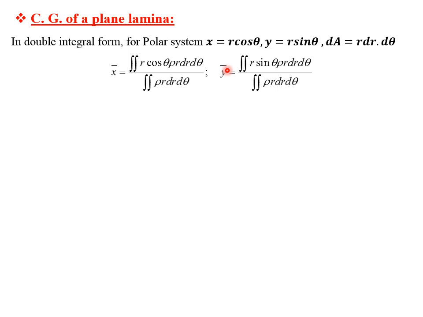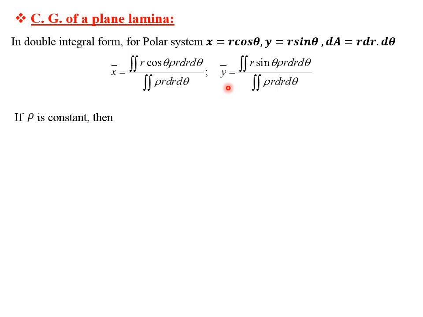Even though we are solving it in polar form, at the end, when we solve these double integrations within the given limits, surely x bar and y bar will be constant values, and those will depend neither on r and theta nor on x and y. So we can keep these notations x bar and y bar as the coordinates of the center of gravity for a plane lamina as they are.